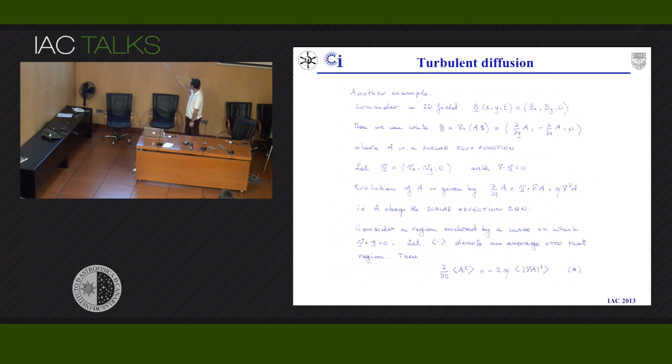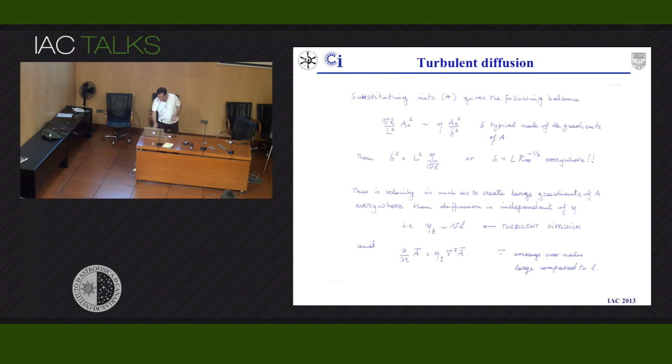Okay? So notice that there's something very strange. It's singular. If this goes to 0, and I want this to be independent of this, this has to go to infinity. I have to have infinite gradients. My gradients are diverging. Okay? So the conclusion is that it has to satisfy this, where these are the typical gradients of A. And then if I plug them into my equation, I recover this thing.